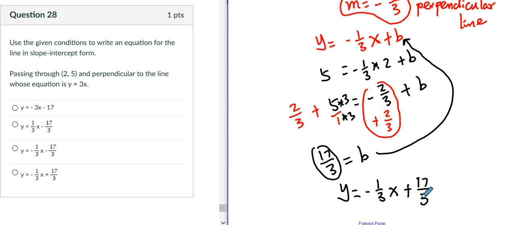Which one is that? Positive. So that will be y equals negative 1/3 x plus 17 over 3. That's the last one: negative 1/3 and positive 17 over 3.